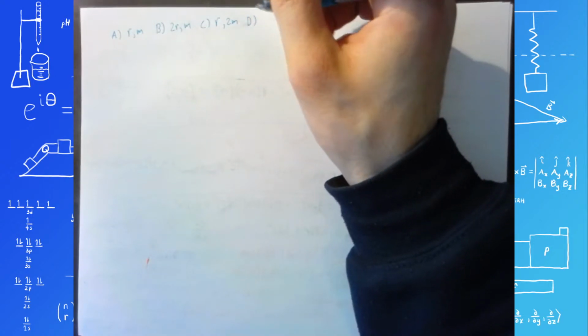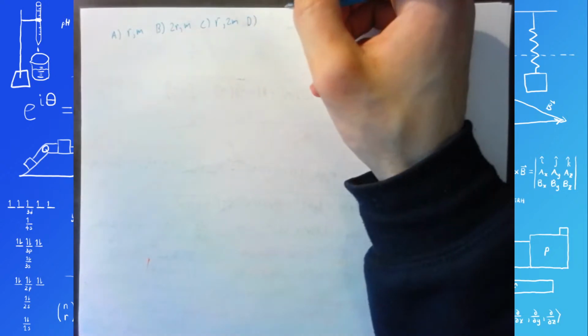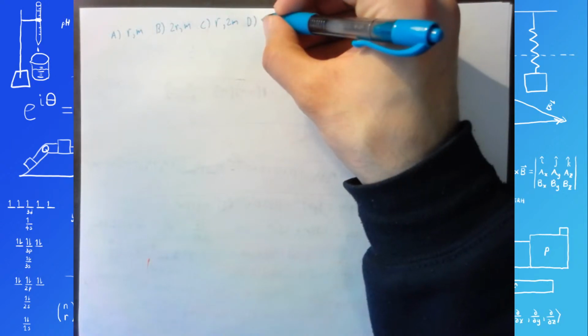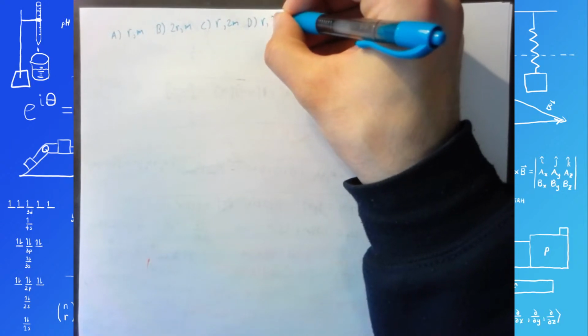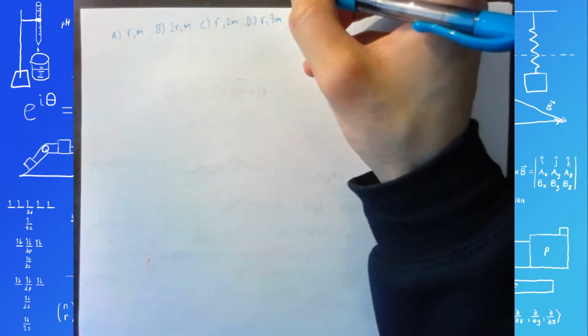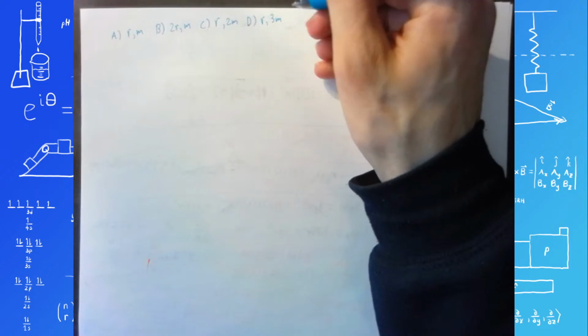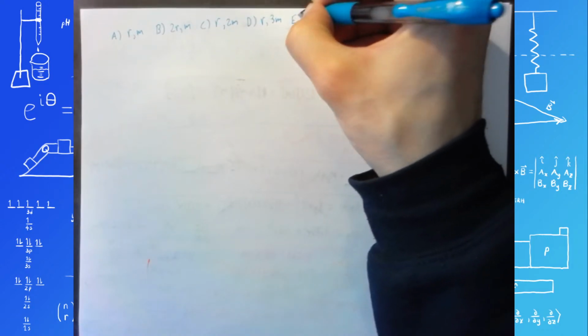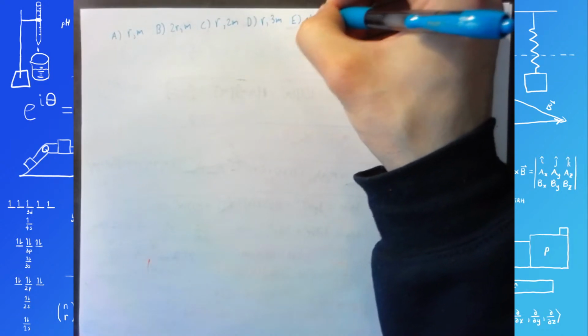Sphere D has radius r and mass 3m. It says all can be placed at the same point on the same inclined plane where they will roll without slipping to the bottom. The answer to the following questions might also be E, all are the same.